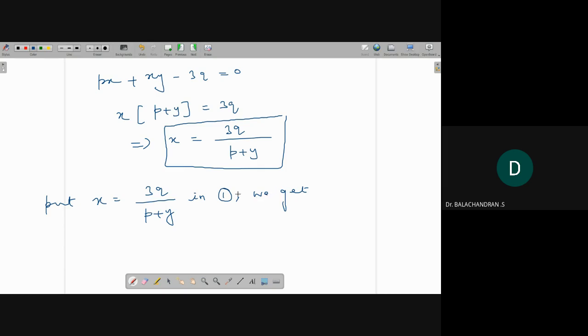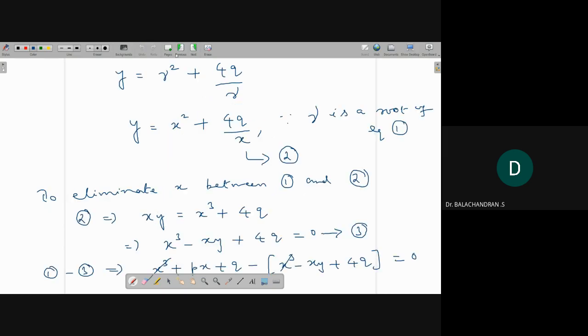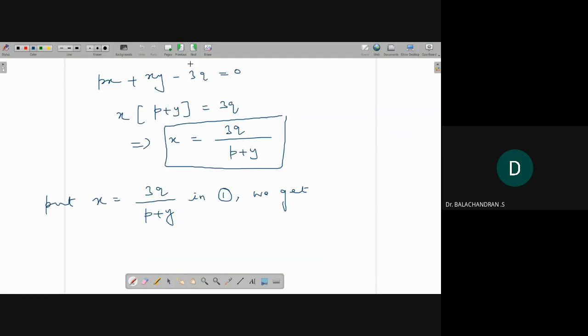The given equation is x cube plus px plus q equal to 0.